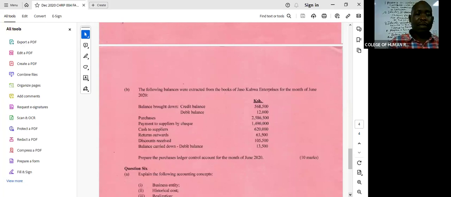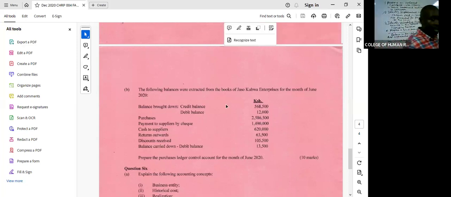So question number 5B is about the purchases ledger control account. These are some of those questions that, when you find them in the exam, should give you marks within the shortest time possible. It is just a matter of mastering the format, and the reasons why these entries are debited while the others are credited.